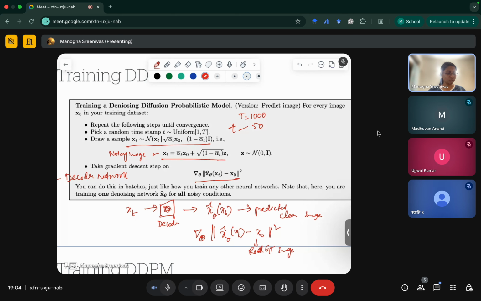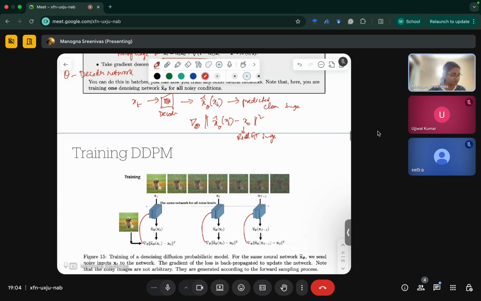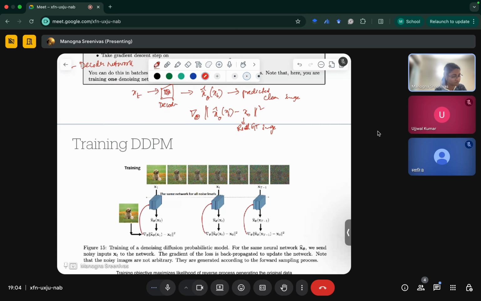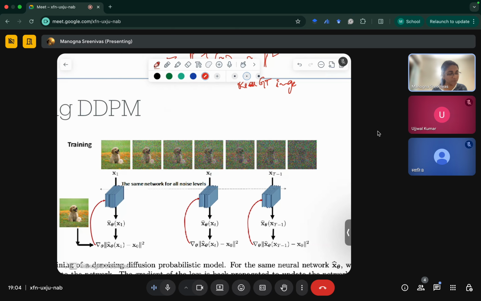So that is how you train the DDPM. While training, this is how the noisy images at different time steps would look.